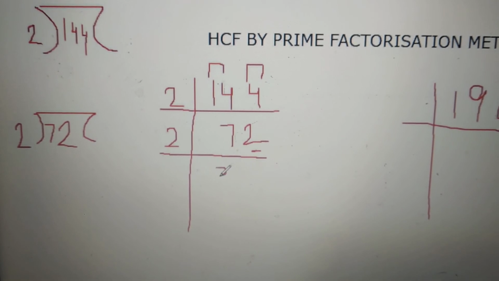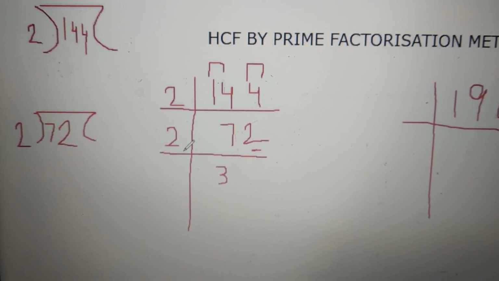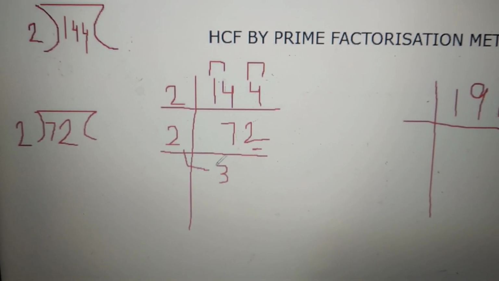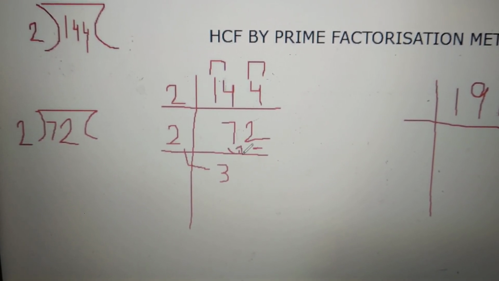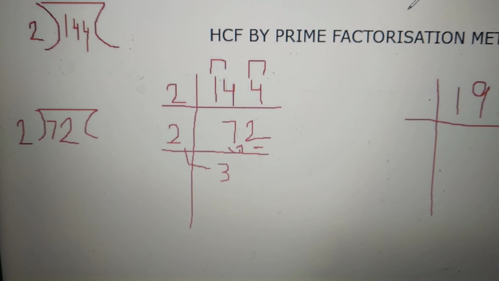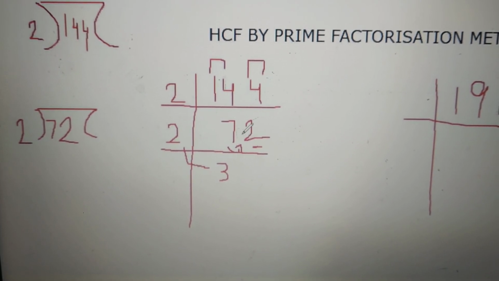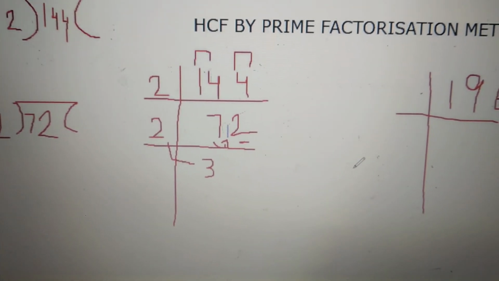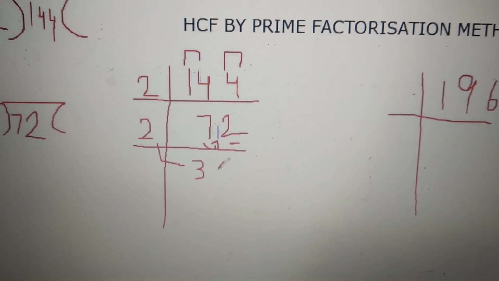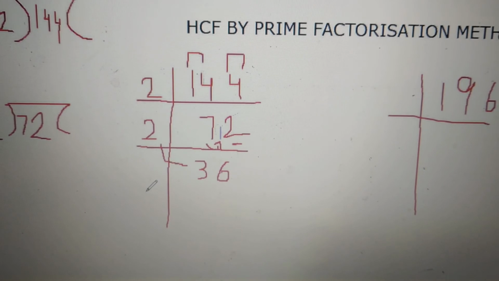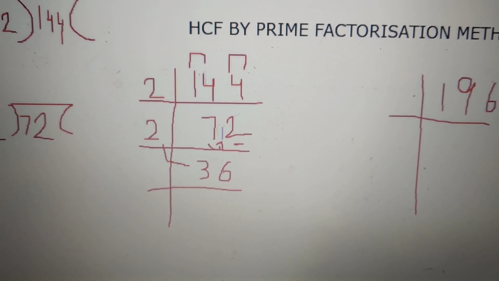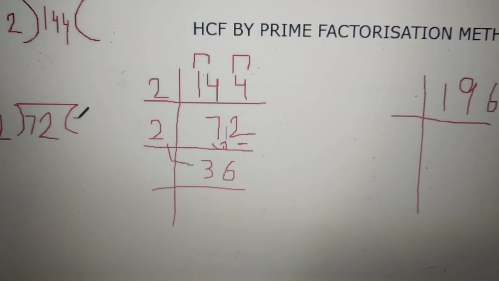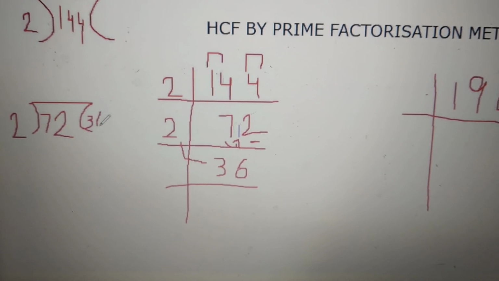So I will write 3 here. 1 is left, and it will shift and come here in front of 2. Now this number has become 12, so 2 6s are 12. The quotient is 36, so I will write 36 here.